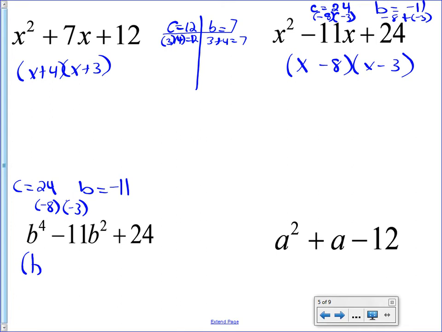Very good. B squared what? Okay, so it changes there. When it's to the exponent 4, I just divide it by 2.